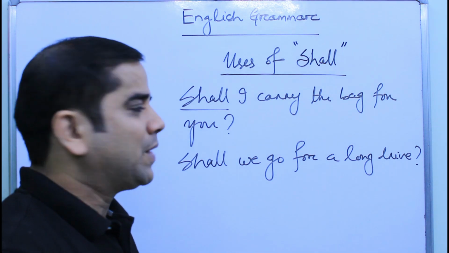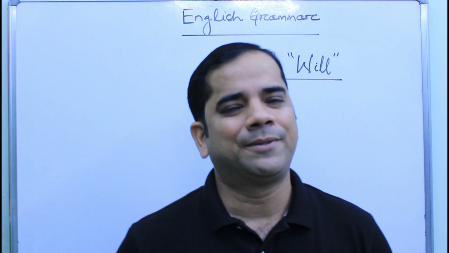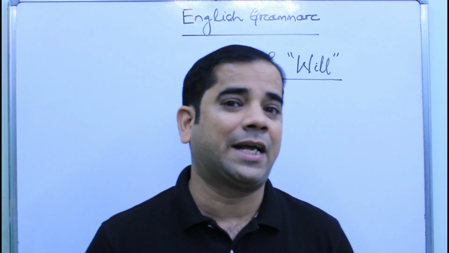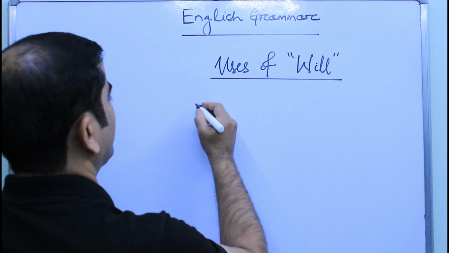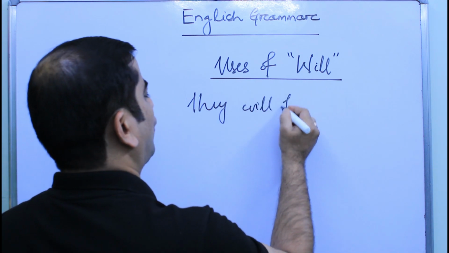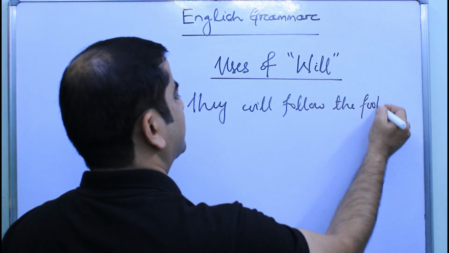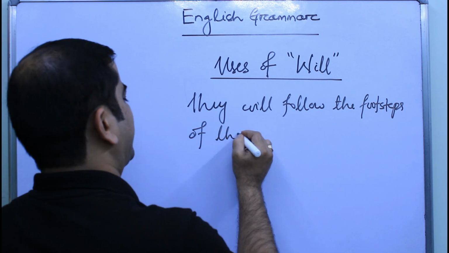Now let us discuss where to use will. Students, will is generally used to express an action that will take place in the future. For example, they will follow the footsteps of their parents.